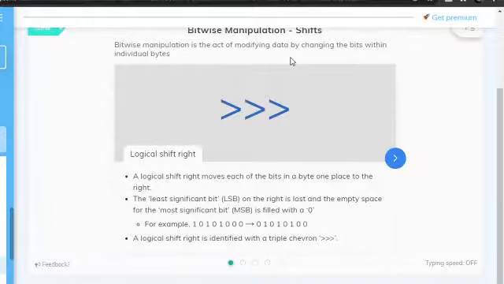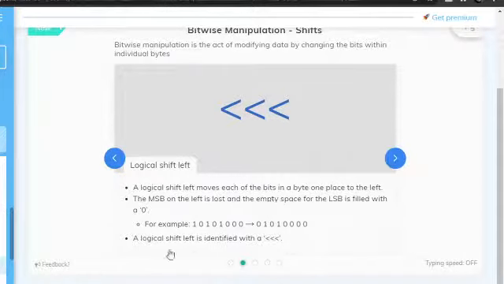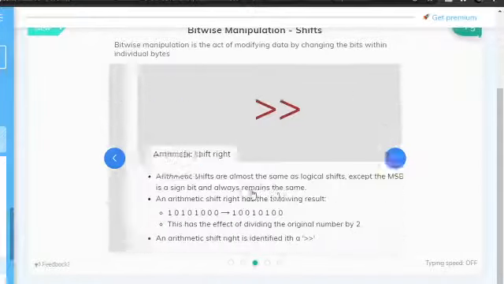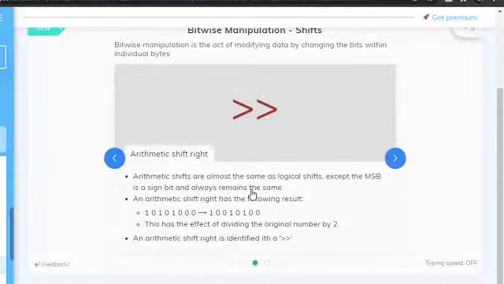The least significant bit, so the absolute last one, is lost, and the most significant bit is filled with a 0. An arithmetic shift is almost the same, except the most significant bit is a sign bit and always remains the same.